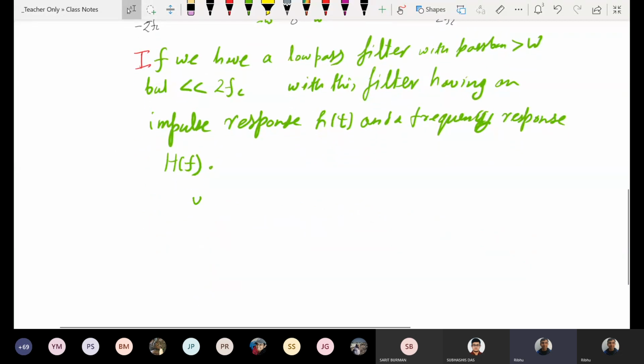Let's say y bar 1(t) equals y1(t) convolved with h1(t) as well, because we'll have to deal with the sign component. Okay, so this will work. So actually this h is sufficient.